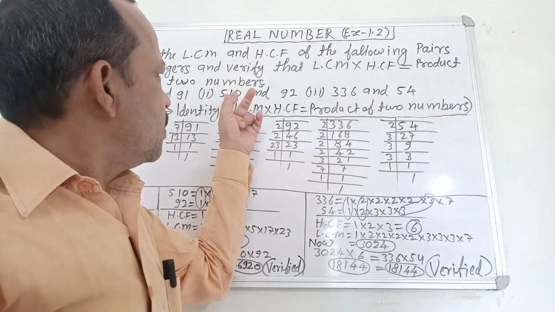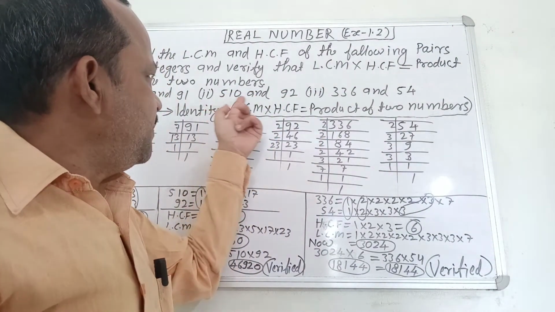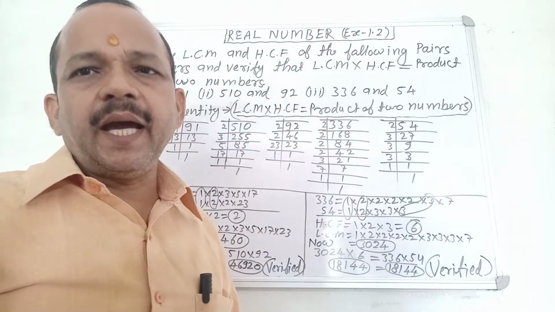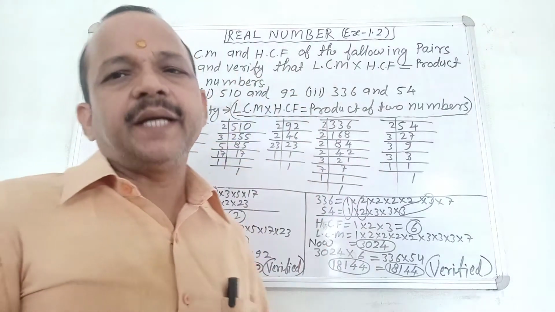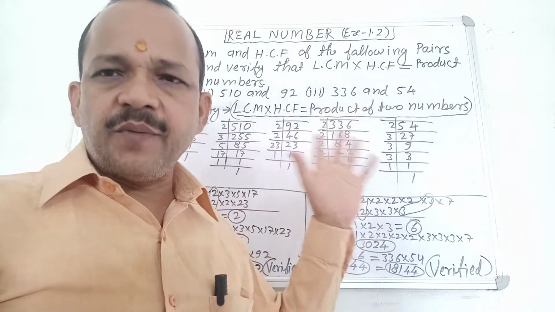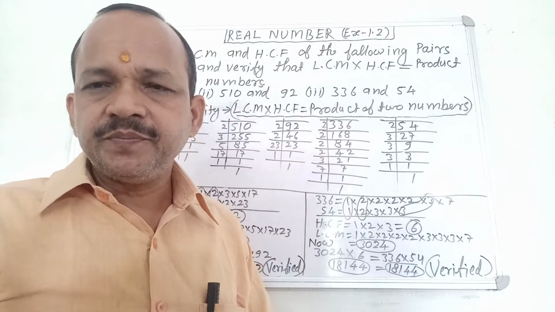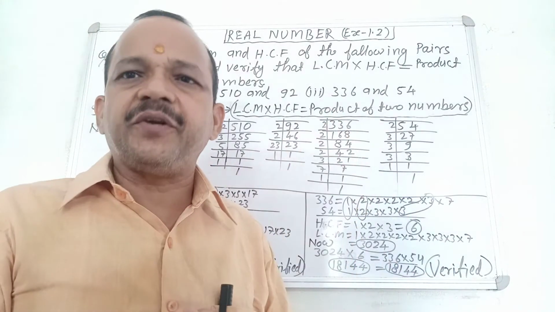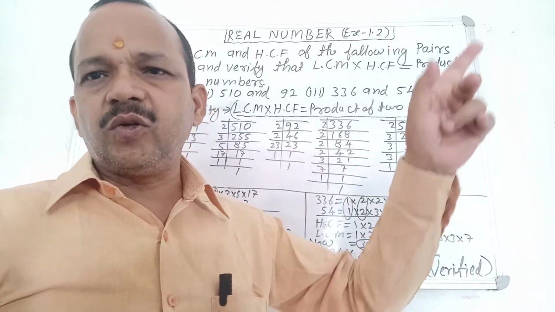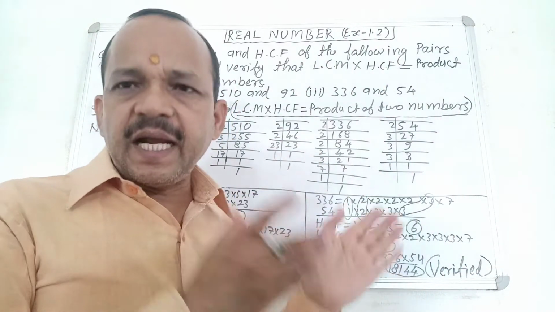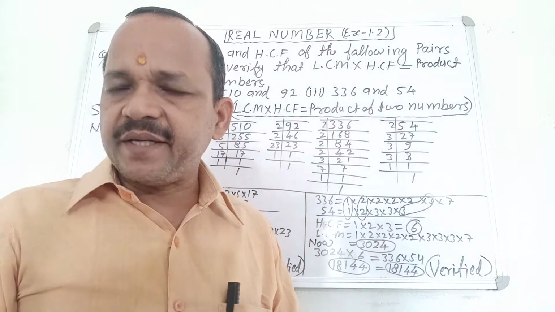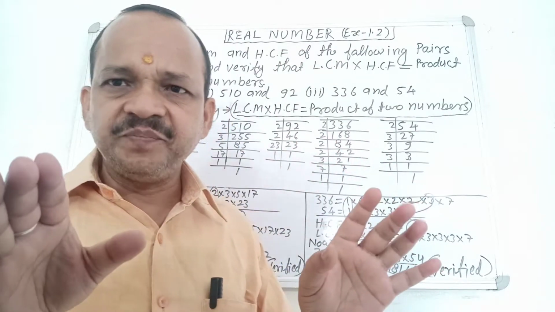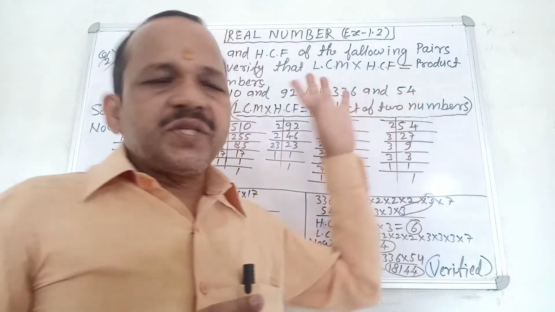Second, firstly you factorize 510 and 92 and find the LCM and then the HCF of 510 and 92, and then put the values of LCM and HCF in the identity. If right side equals left side, then your solution is verified. Clear? No confusion.